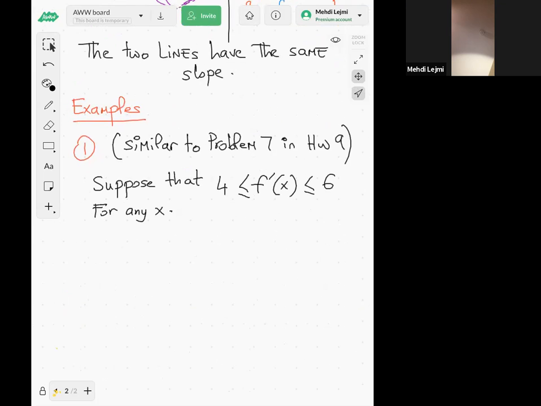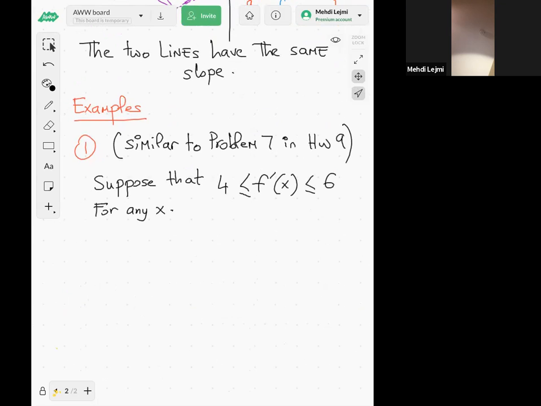Okay, guys. So this is our hypothesis, that the derivative is always between 4 and 6. And let's say you want to show that f of 3 minus f of 1 is between 8 and 12.